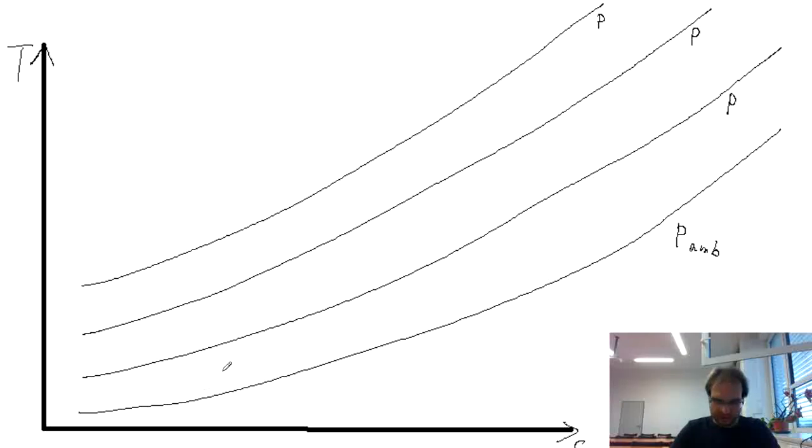So let's say that the first one would be some low pressure ratio, maybe around 5, and the starting point would be over here with the ambient pressure, and let's say over here ambient temperature.